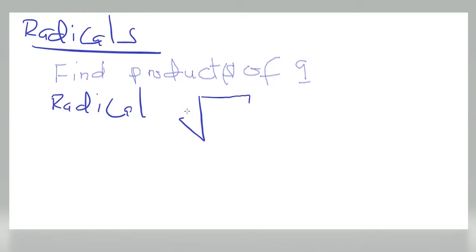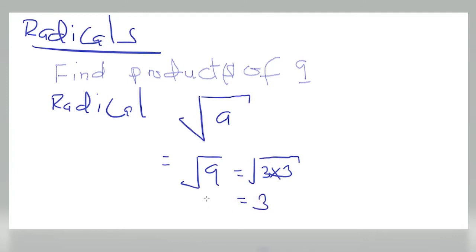This is the symbol of radical, and A can be any number. For example, if you have 9, you can be told to find the radical of 9. What I mean is, which number, when multiplied by itself, gives 9? Obviously, it is 3 times 3 that gives 9. So the radical of 9 is 3.